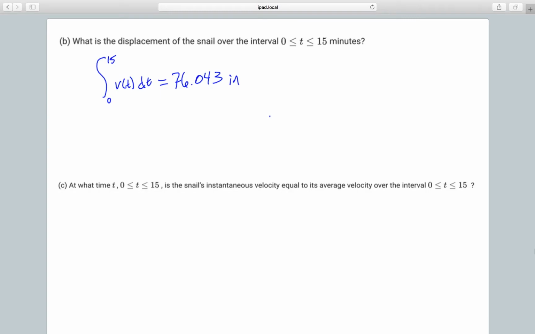And that just means the snail ended up 76.043 inches to the right of where it started at time 0. Now, it may have gone back and forth. That's not necessarily the total distance. It's the displacement.